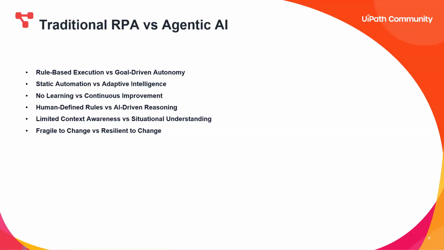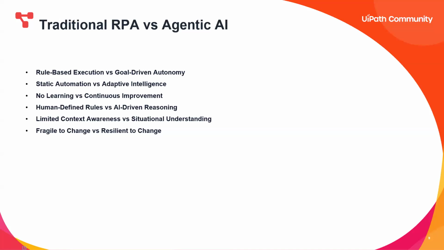RPA operates on static logic. Once a process is designed, it does not change unless a human reprograms it. This rigidity works well for consistent, high-volume tasks but falls apart with variability. However, agentic AI is designed to adapt. It uses machine learning to update its behavior over time, responding to new inputs, contextual signals, or user preferences.